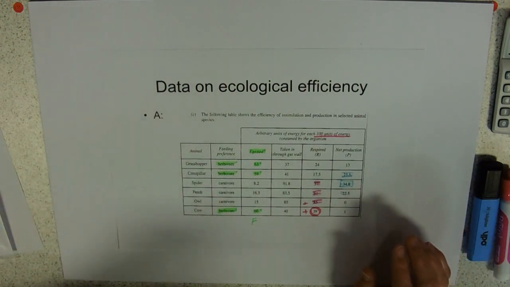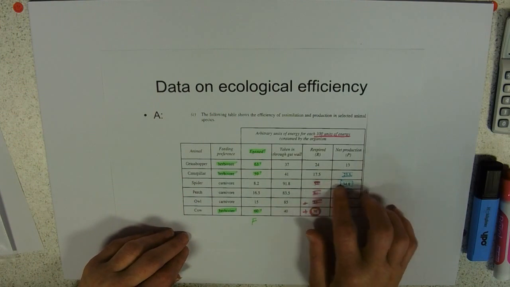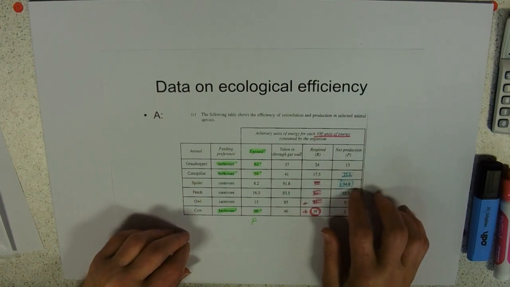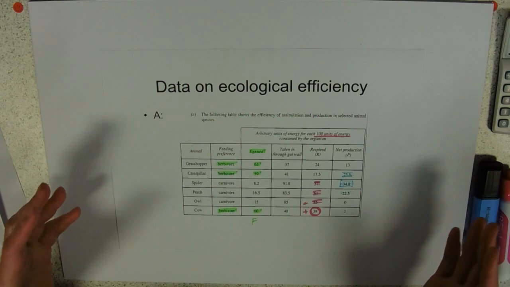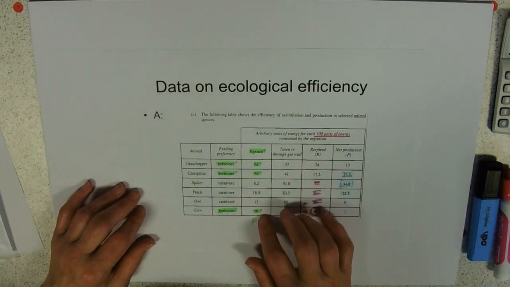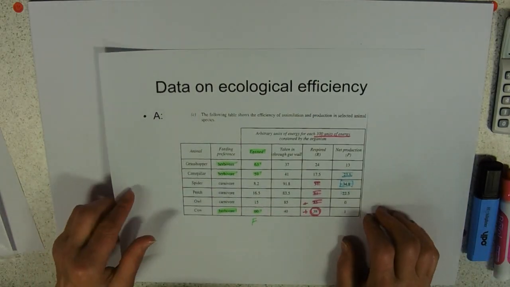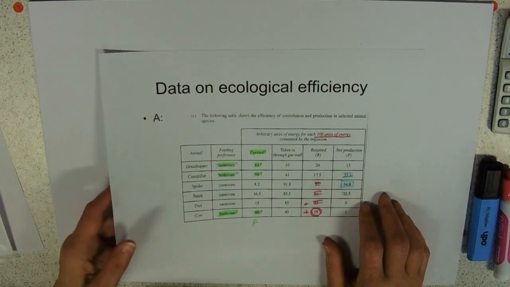Always be thinking, carnivores are slightly more efficient. Why? They've got very easily digestible material. Herbivores lose quite a lot through egesta. So that's one set of data.